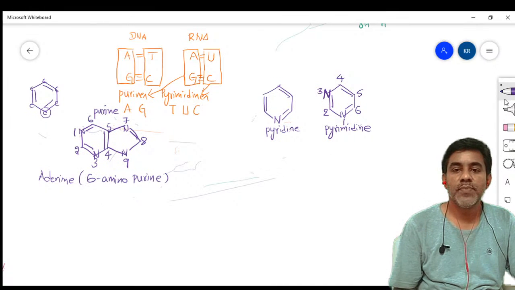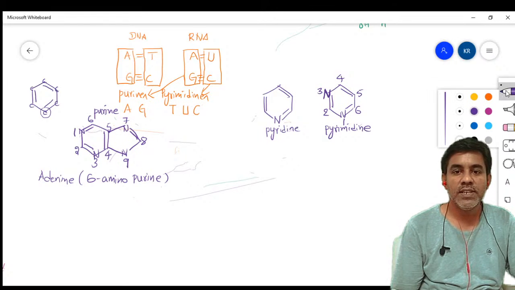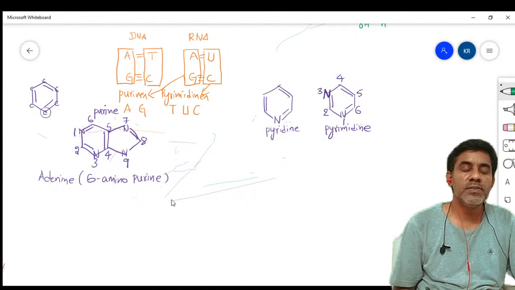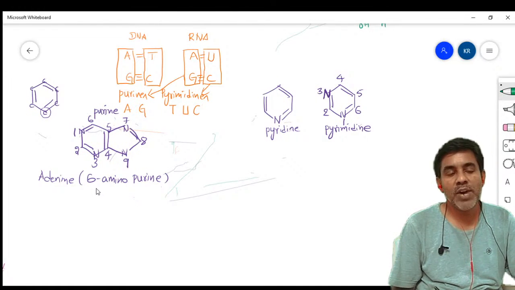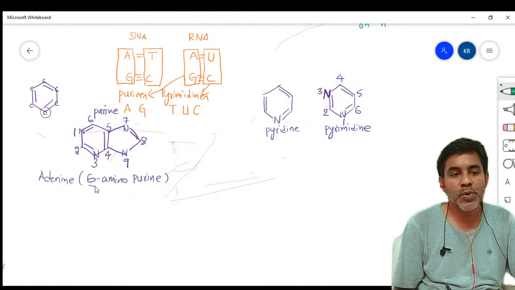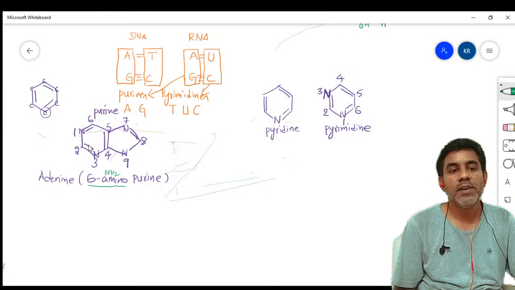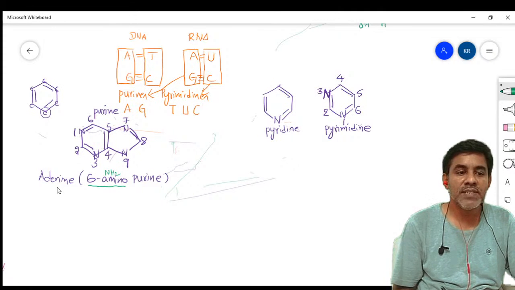That means in this purine structure, we already have the purine structure, just add the amine group, NH2. At what location do you have to add it? At the sixth position, you have to add the amine group, NH2. That is adenine.